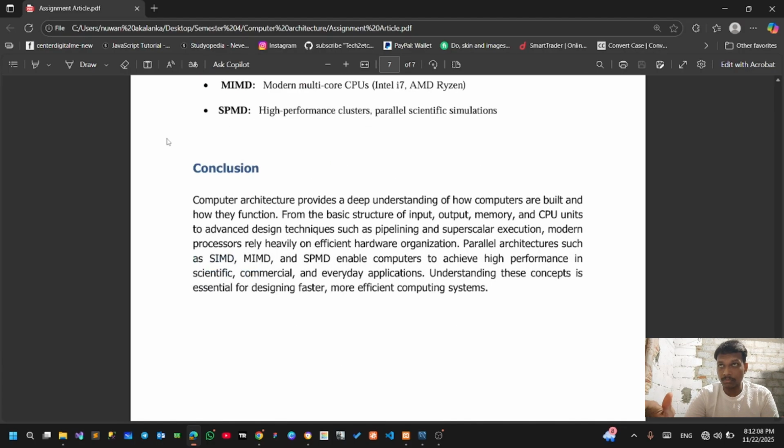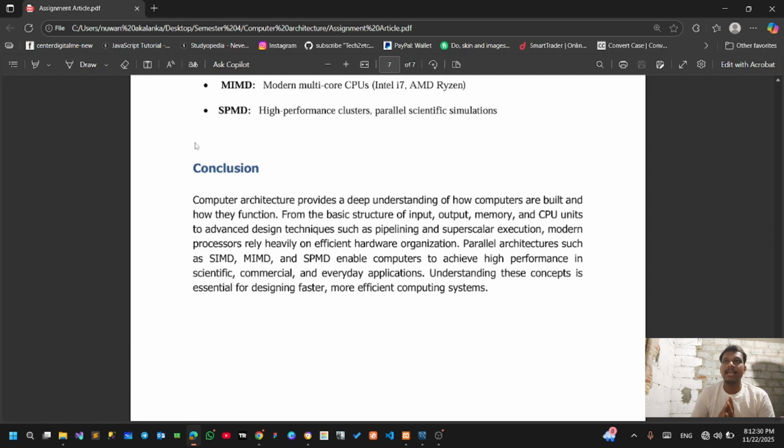So in the conclusion, computer architecture provides a deep understanding of how computers are built and how they function, from the basic structure of input, output, memory and CPU units to advanced design techniques such as pipelining and superscalar execution.